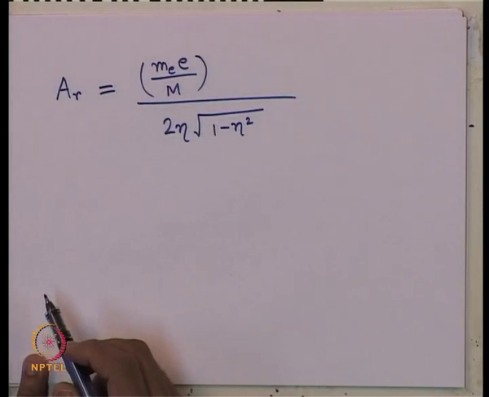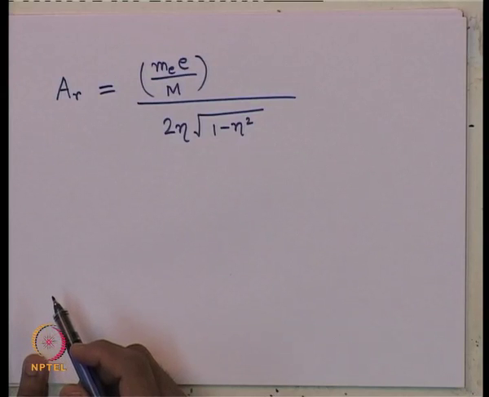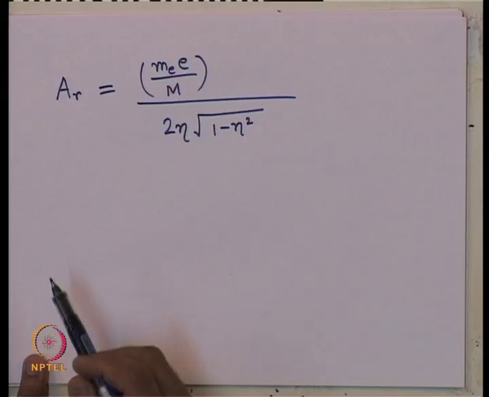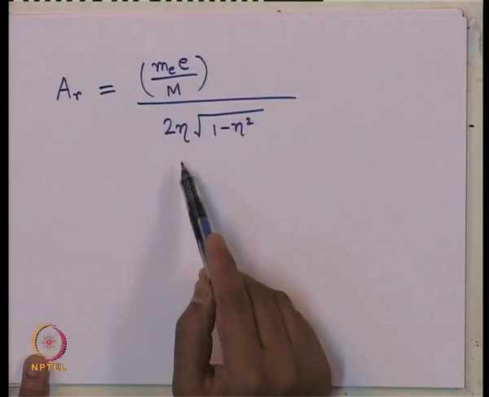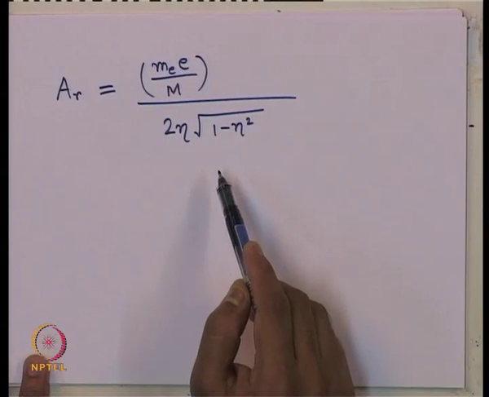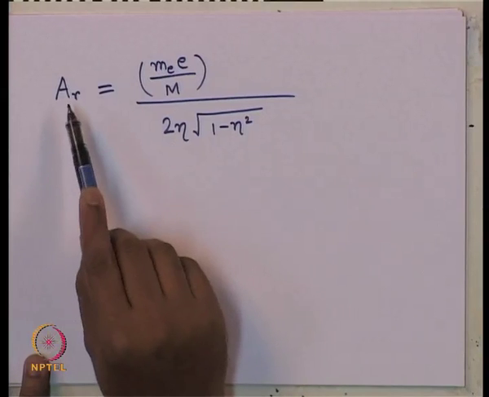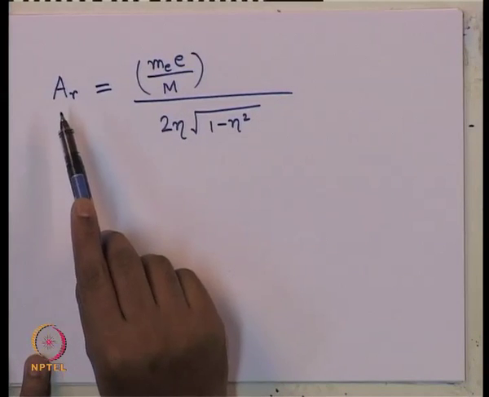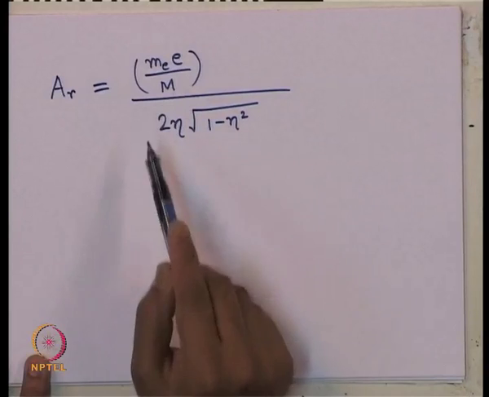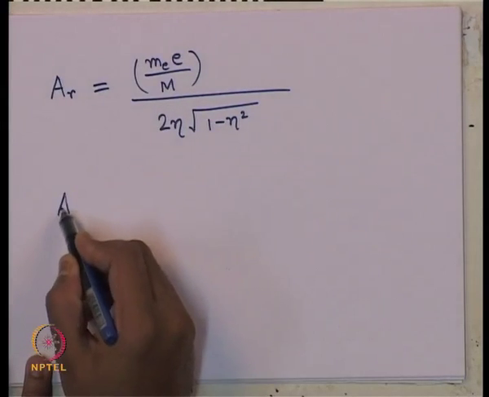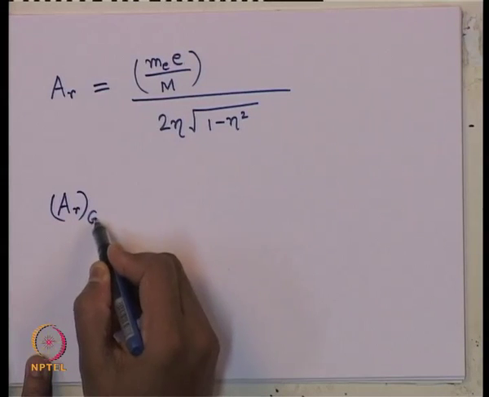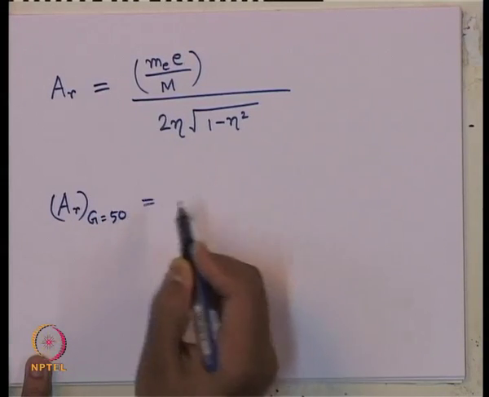That was the expression through the dynamic magnification factor which we had discussed in our module 2 vibration theory, that maximum DMF in this case also expression remains same, 1 by 2 eta root over 1 minus eta square, whereas in this case the DMF is defined as dynamic displacement divided by m e e by m. Do you remember?